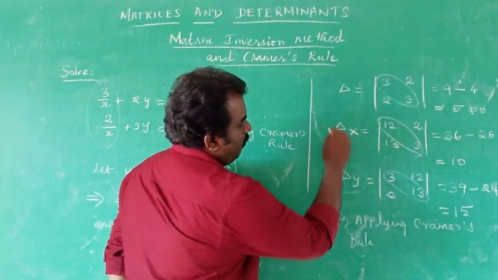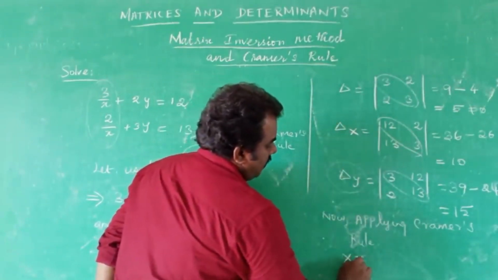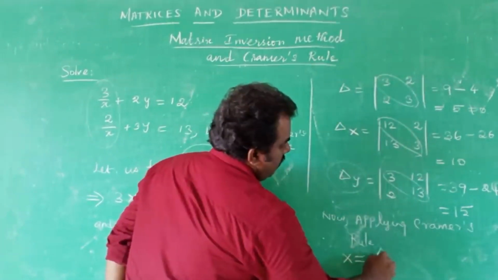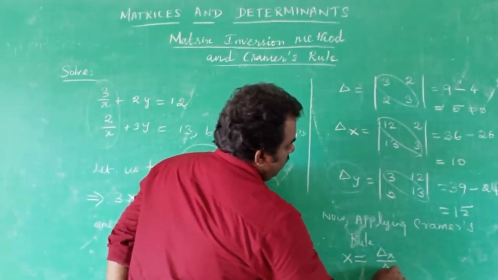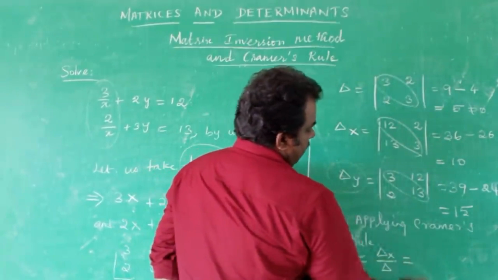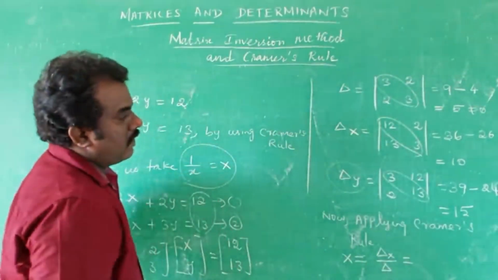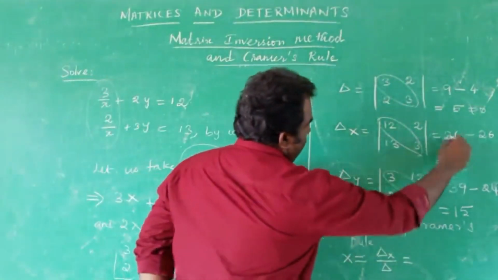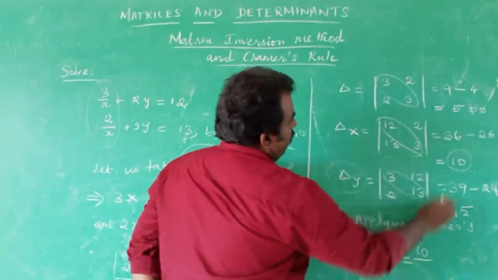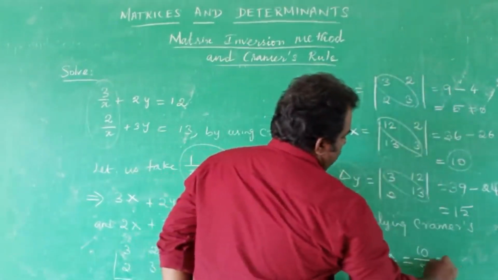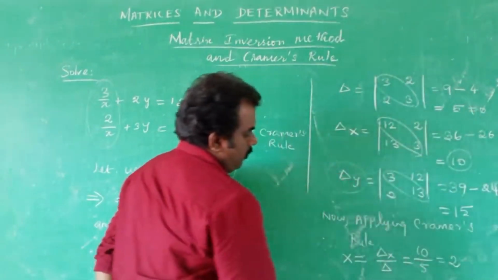First we get the value of capital X. Capital X is equal to delta X by delta. What is delta X? 10. The value of delta is 5, so it is equal to 2.